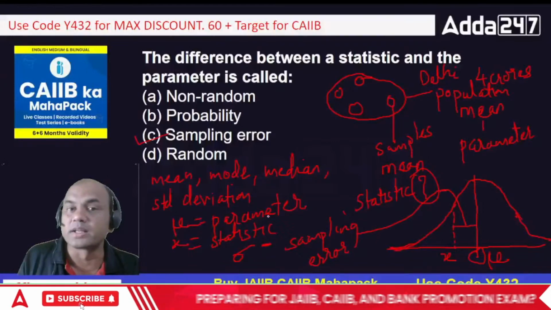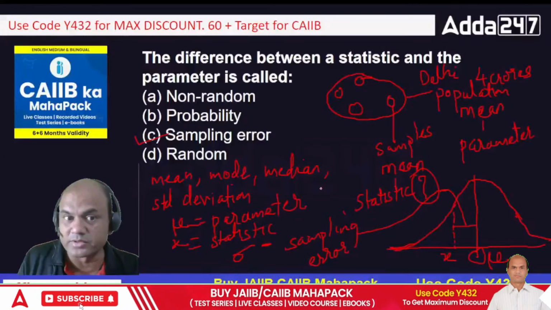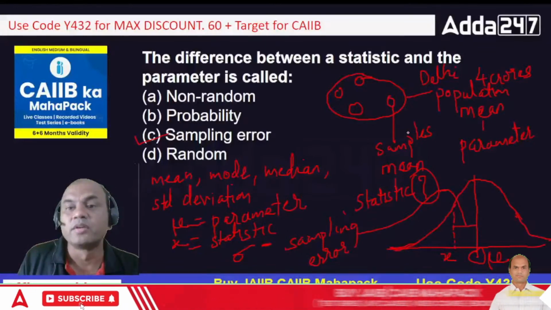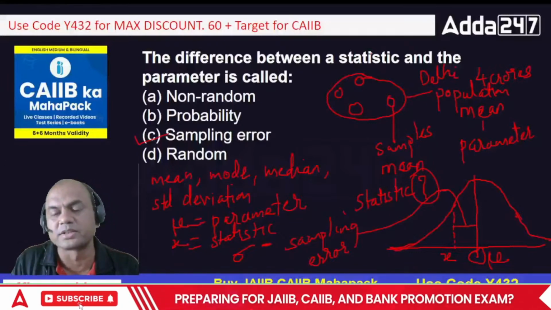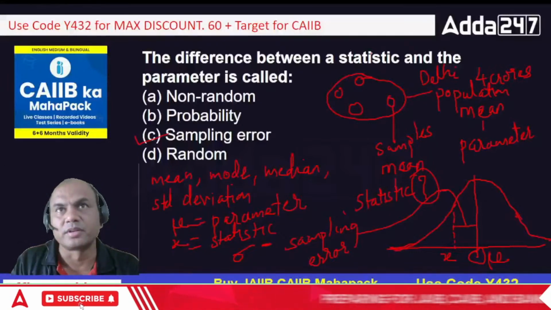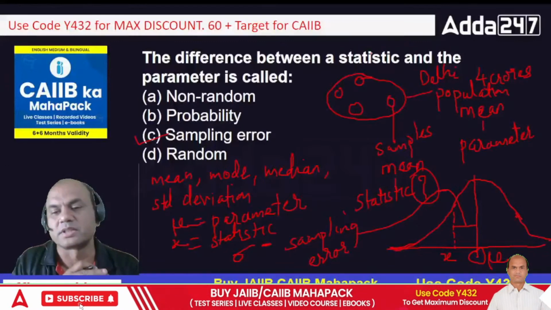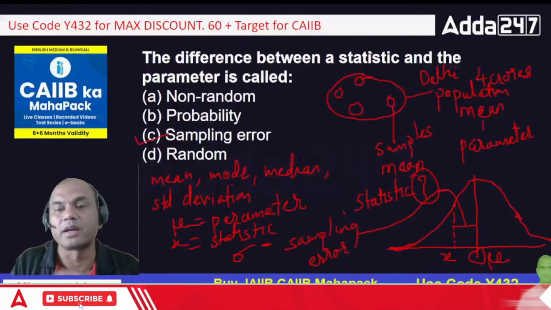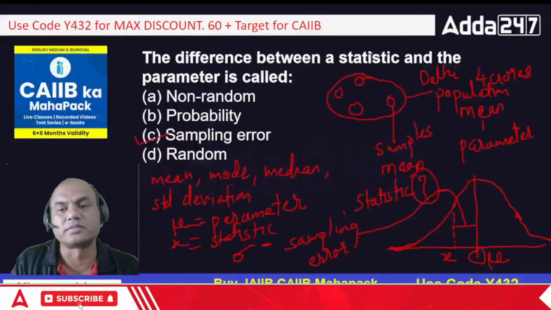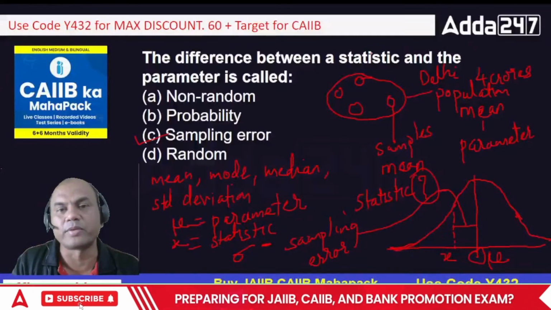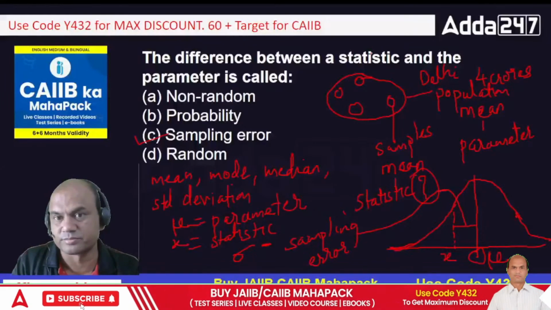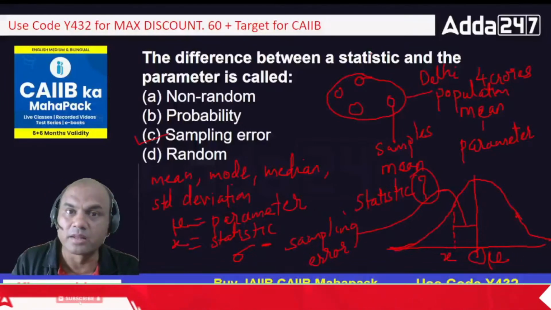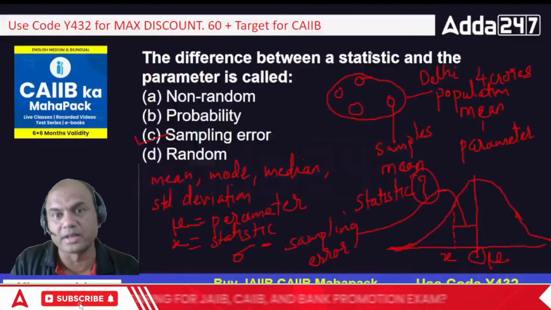So understand the question. Everyone understood this because this is very important. Now let me take your test right now. If I find a mean for the samples, it is called as what?